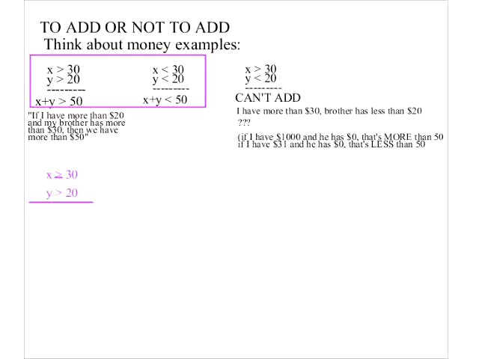Again, think about money examples. Most of you are actually answering this incorrectly. If you add these together, then the character that you get is actually a strict greater than. Because again, think about money.